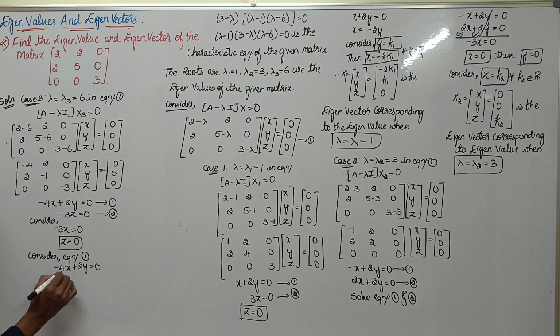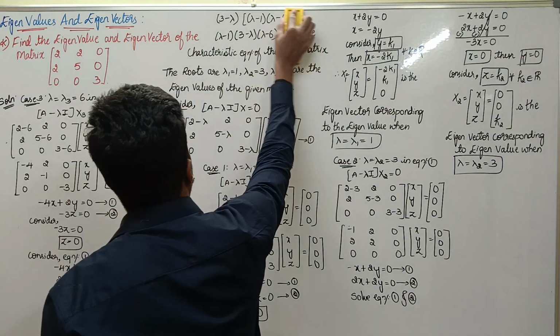Take the common factor 2, minus 2x plus y equal to 0. Now consider y equal to 2x. Y equal to 2x. Now I need to consider the constant term x so that I am going to get y.